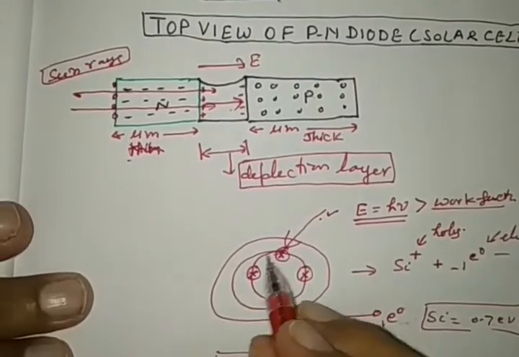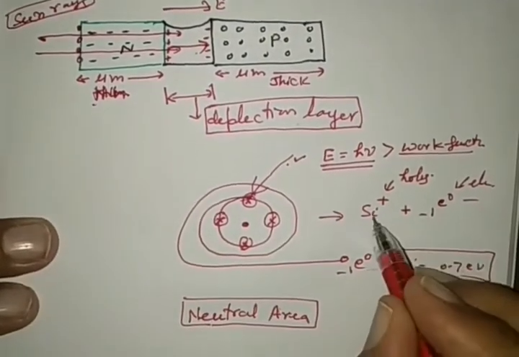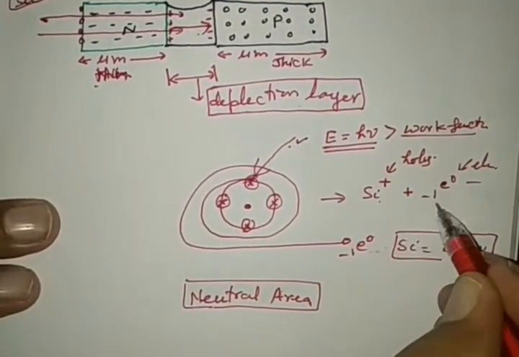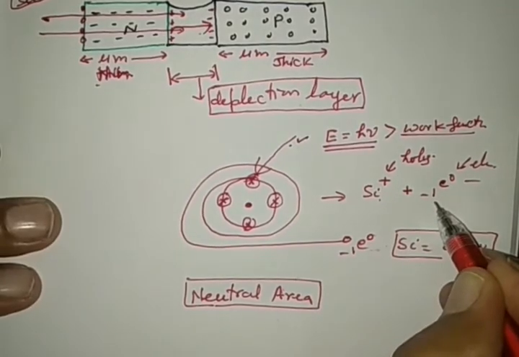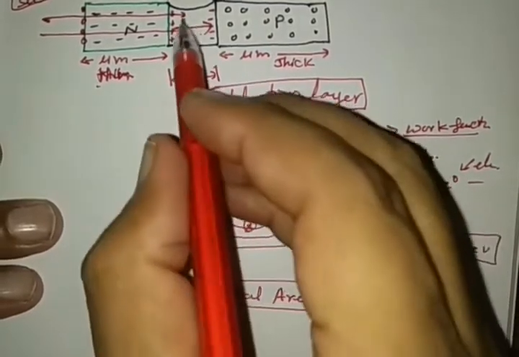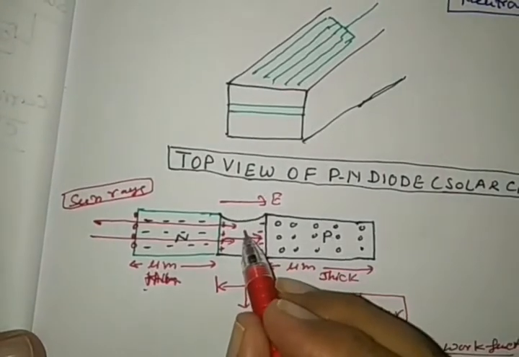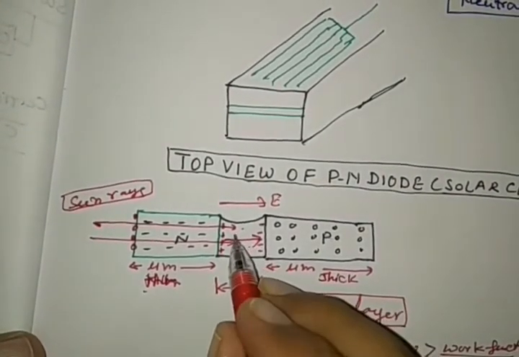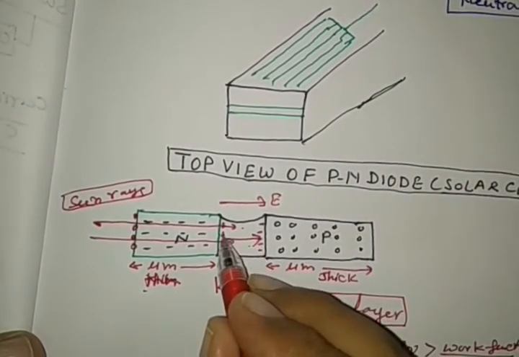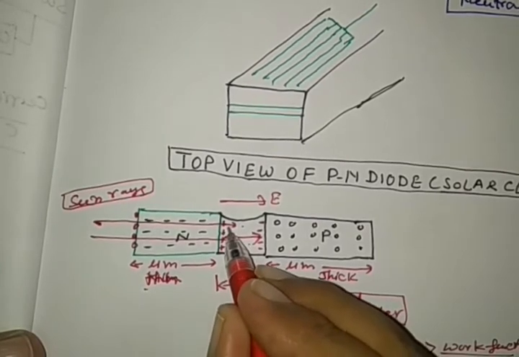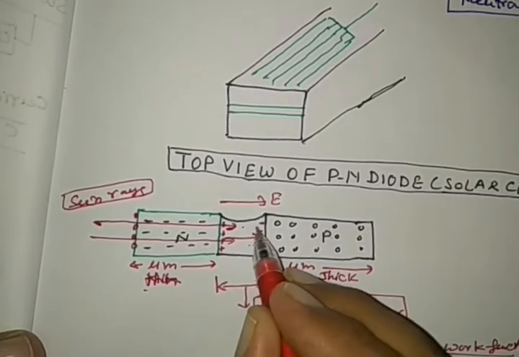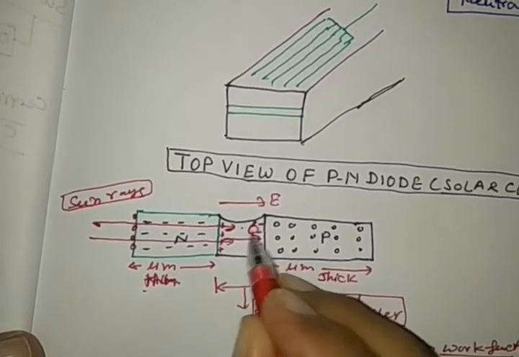They fall on a germanium atom. They dissociate into both silicon ion and electron. Now see, when this atom dissociates, electrons are attracted by the electrostatic force towards this side, and the positive charge towards the other.